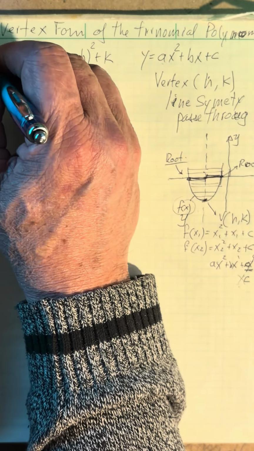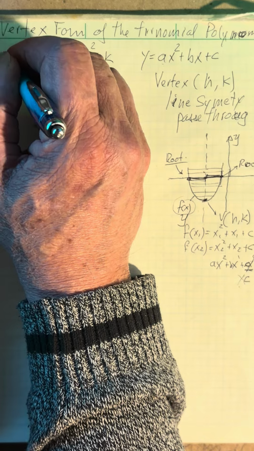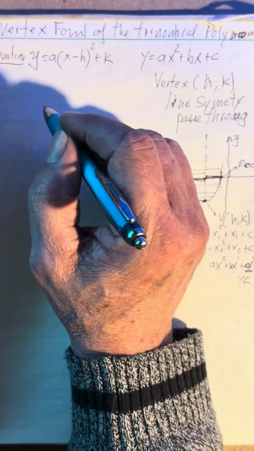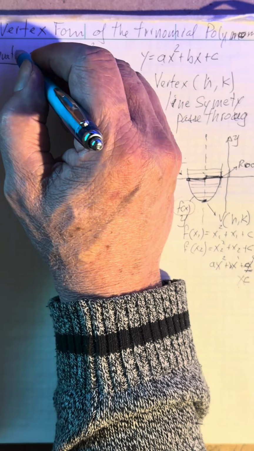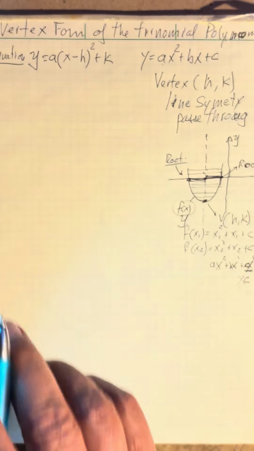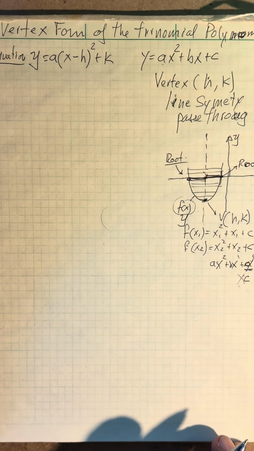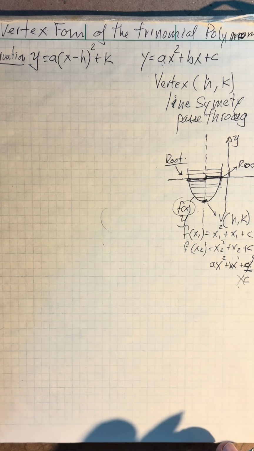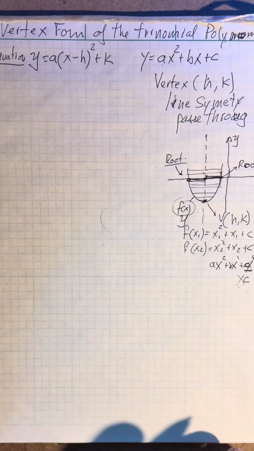This is a derivation. I like to make videos about what's behind the formulas, and I will be touching bases with a lot of formulas, and every formula I can think of.